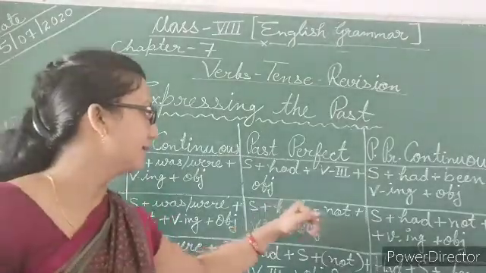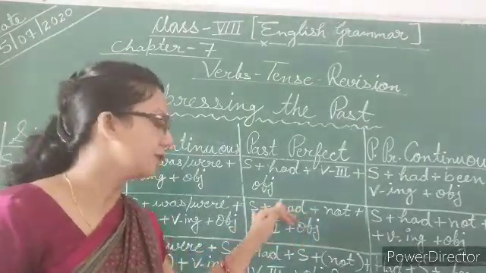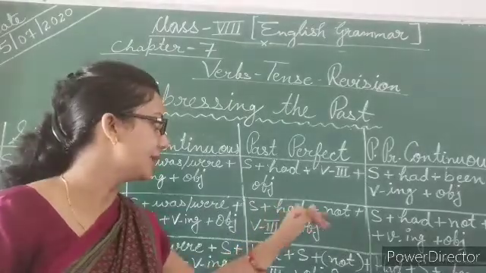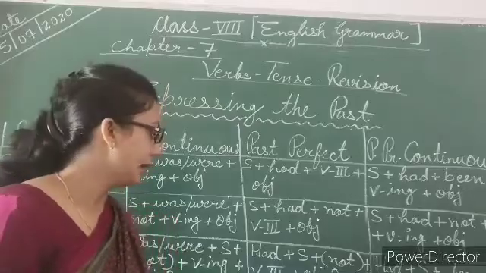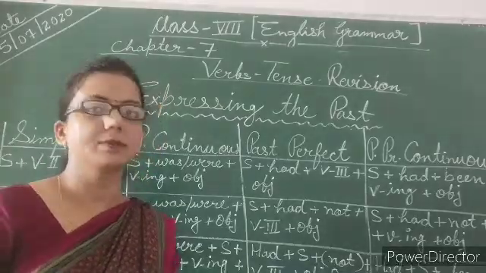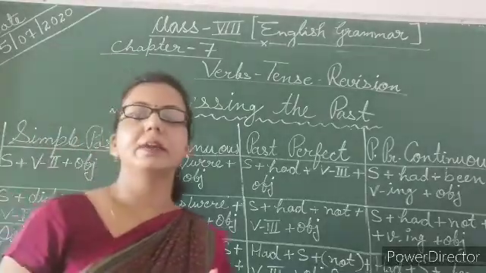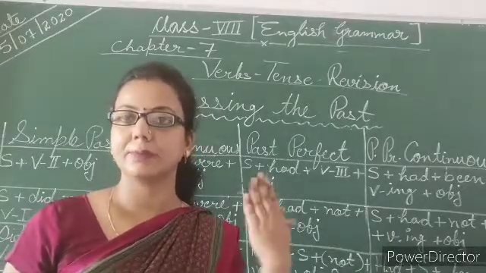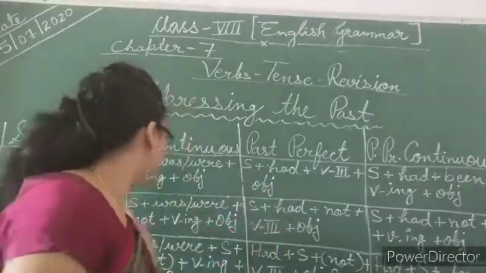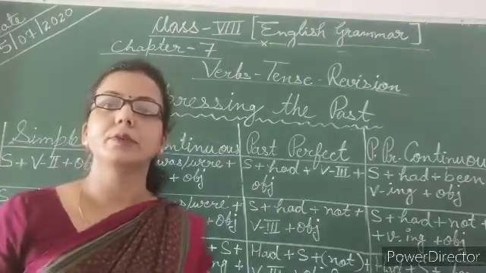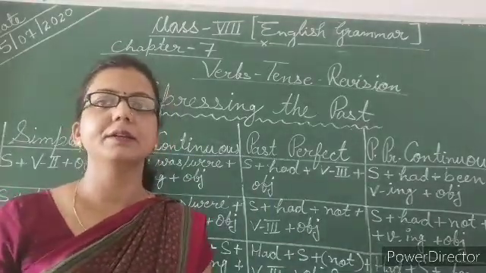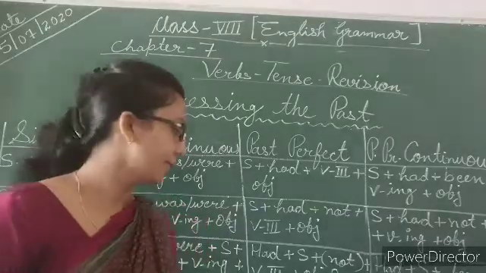Your structure will be subject plus had plus not plus verb's third form plus object. And what about interrogative? Same as we did in simple past and past continuous: just put the word had at the starting point and end it with a question mark.